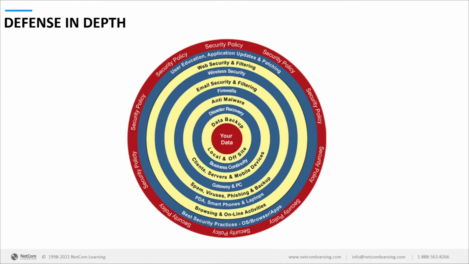Now, defense in depth is another of the very important principles in the way we build network defense. So you can see in the bullseye target, there's your data, right? We said data is the new oil, because really, what's happening with our data?